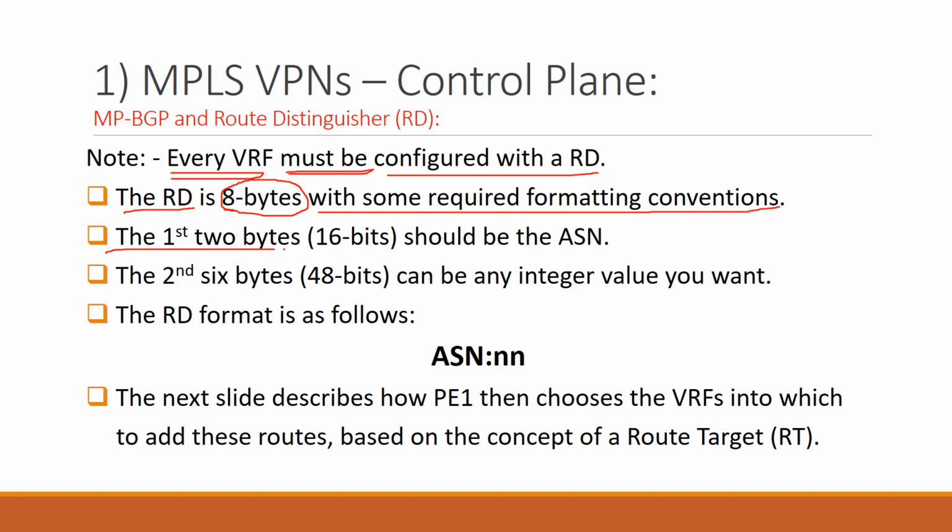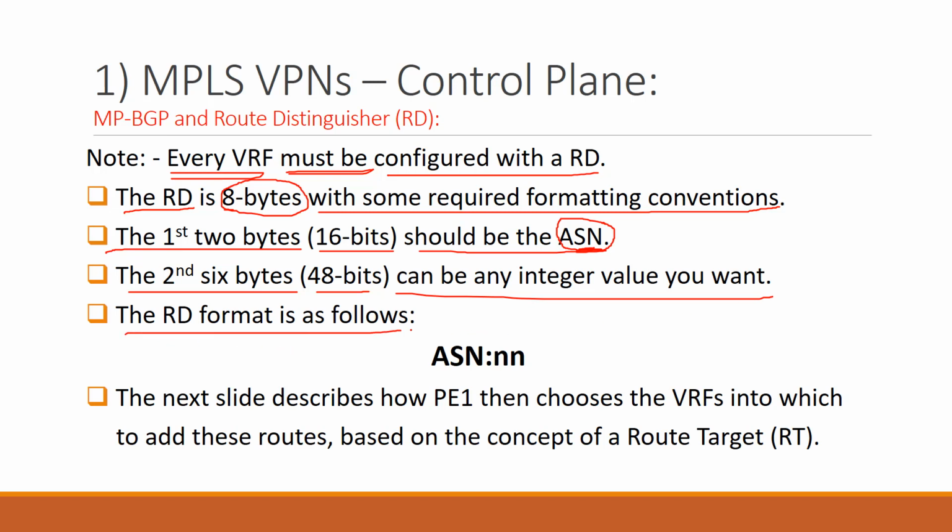The first 2 bytes, or 16 bits, should be the autonomous system number. Actually, it can be an IP address, but I use the preferred option, which is the autonomous system number. So the first 2 bytes are the autonomous system number, and the remaining 6 bytes can be any integer value you want.